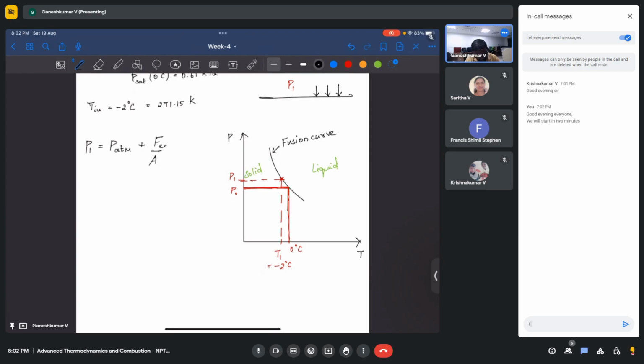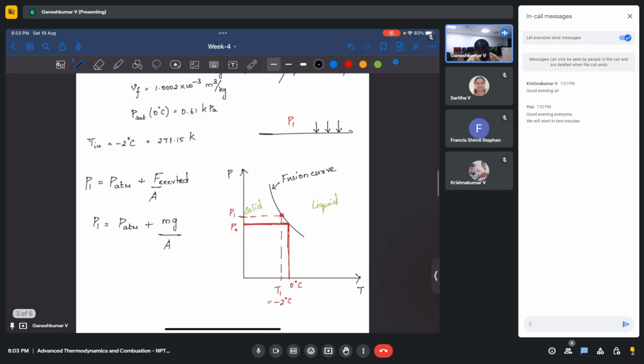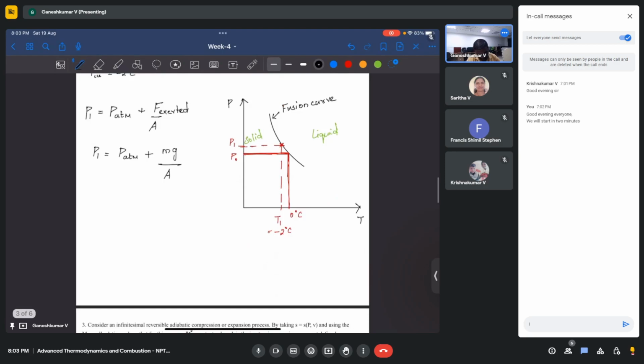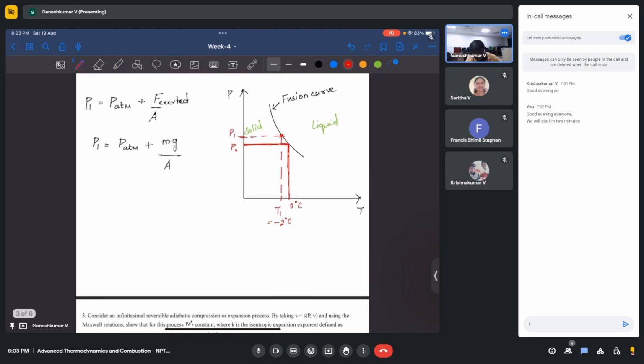So P atmosphere plus the force exerted by the chair, which is mg by A. P atmosphere we already know, it's going to be 1 bar, right? So mg by A, m is given, g is given, so we need to find A. So to find A, we need to find P1.